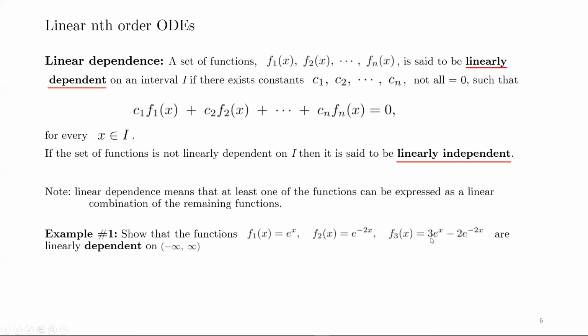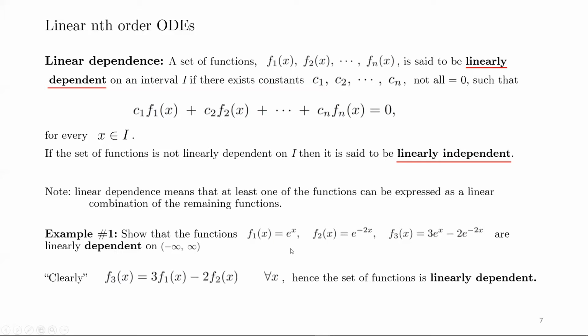Clearly 3 times e to the x is 3 times f1, minus 2 times e to the negative 2x is minus 2 times f2, so f3 equals 3f1 minus 2f2. That is true for any value of x on the real line. Therefore, this set of functions f1, f2, f3 is linearly dependent.